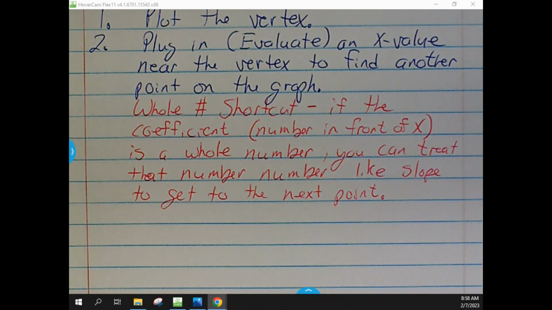Now, again, it only works for one point, which, if you're going to use Math Excel most of the time, or if we're doing a test, that's really all we're worried about.